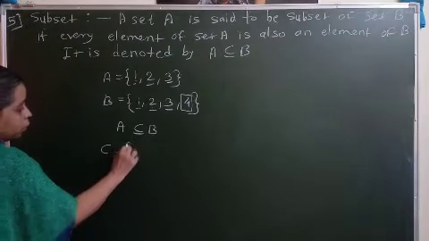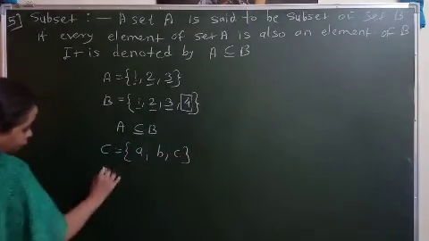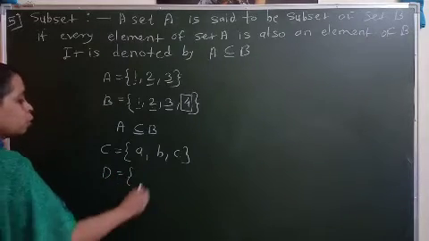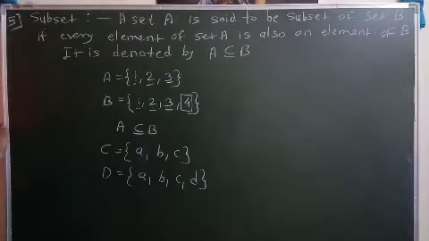Now see, this is C. C contains A, B and C, and this is D. Suppose it is A, B, C and D. Now what happens?